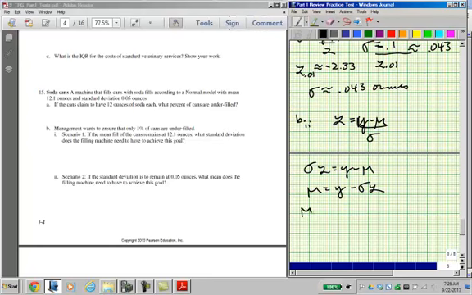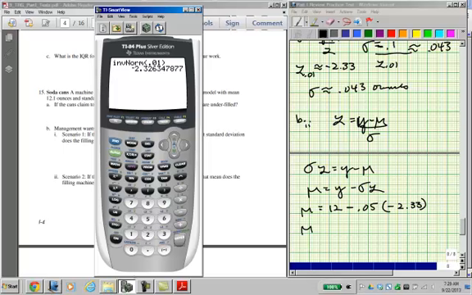So the new mean will equal y, which is 12, minus sigma, which is 0.05, times the z-score, which is negative 2.33. So let's get the calculator here. Here's the inverse norm we just calculated for 0.01. Let's multiply this times 0.05 and add it to 12.